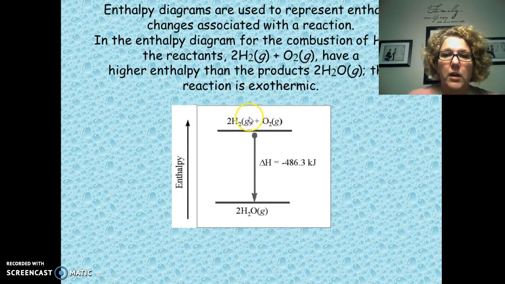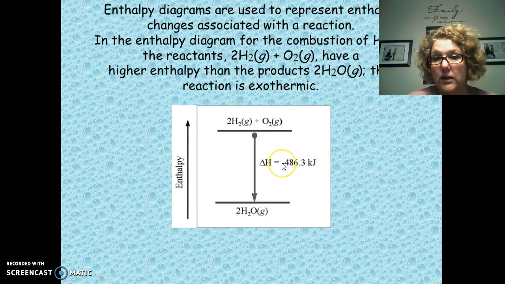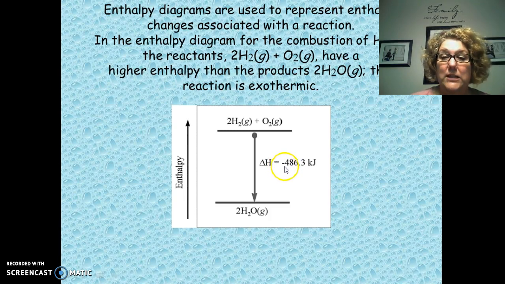So a lot of times people look at this and they're like, okay, so do the reactants always go on top? No, they don't. It depends on whether the reaction is exothermic with a negative delta H or endothermic with a positive delta H. So this just requires you to think about what that negative sign means. That negative sign simply means energy was released when the reactants turned into products.